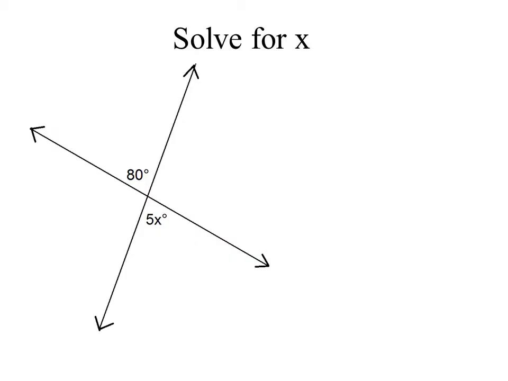So let's take a look at how we can use this in an example. The first thing you want to do when you have a picture is try and identify what angle pair is going on. So if you take a look at this, I have two lines that kind of form a cross. And if I think about that, I know that the angles opposite each other are called vertical angles.